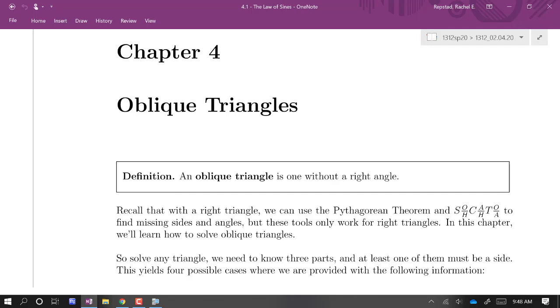We're going to use right triangles to help us construct one of today's rules, the law of sines. But I see people starting to solve an oblique triangle, and they'll do a bunch of good work, and then they'll try to apply Pythagoras. And I'm like, oh no, that's not going to work.